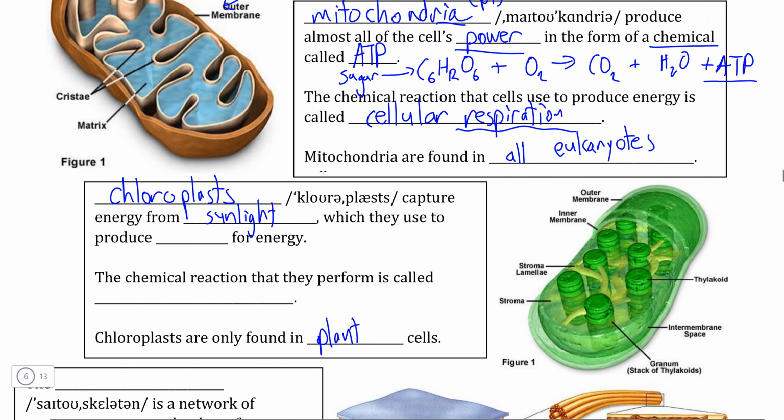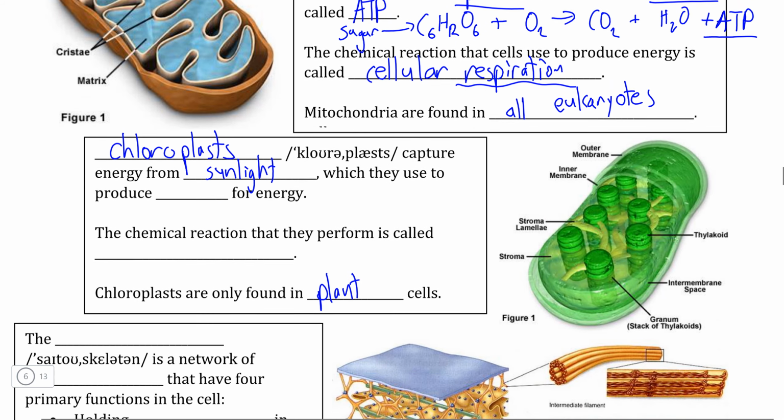So when we say cellular respiration is one of the most critical chemical reactions for all organic life on Earth, the counterpart is the reaction done by chloroplasts, which is what we call photosynthesis.